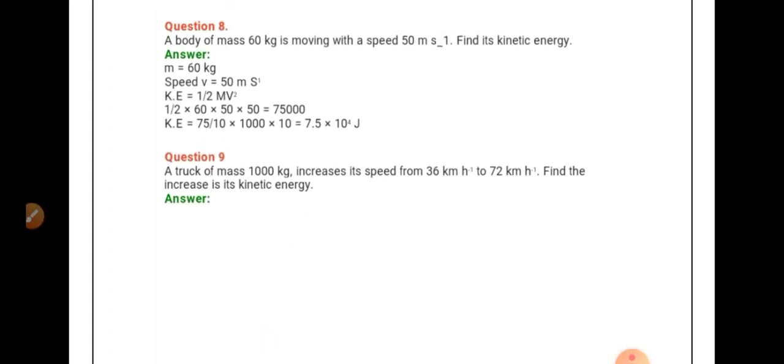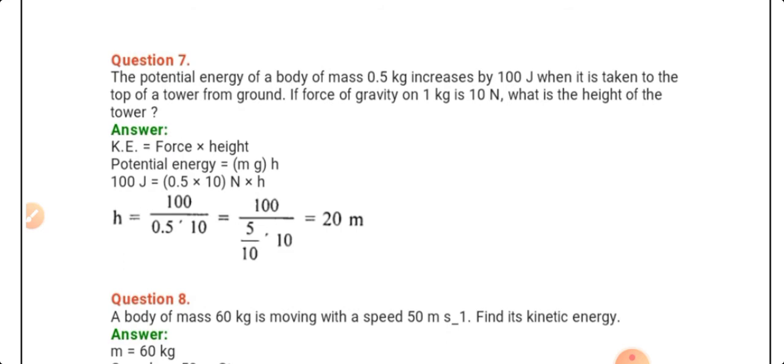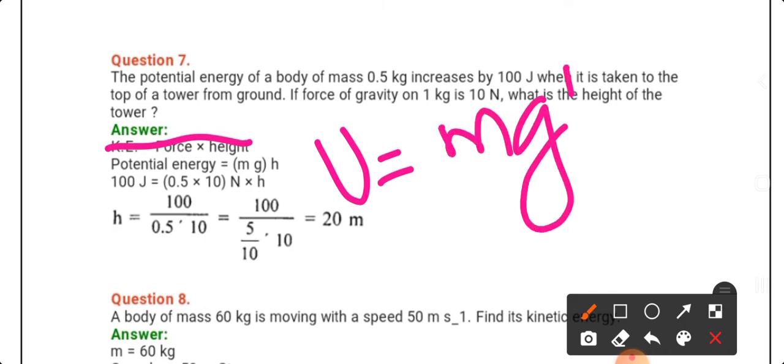Now coming to your question number 7. The potential energy of a body of mass 0.5 kilogram increases by 100 joule when it is taken to the top of a tower from the ground. If force of gravity on 1 kilogram is 10 Newton, what is the height of the tower? Now what is given here? You can cut this, no need to write it. Potential energy is mgh.